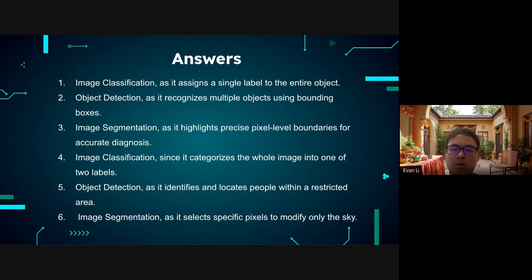And finally, you should have understood that image segmentation is necessary when you need a detailed pixel level understanding of the image, allowing you to precisely outline objects or regions, like a tumor in the MRI scan, or selecting the sky in the image editing software. Now, let's get back into some more content.